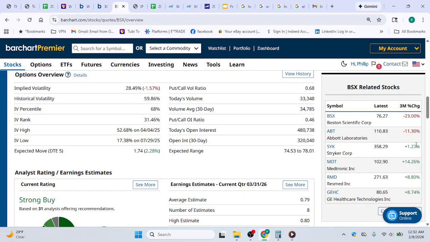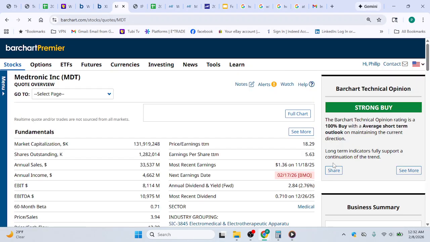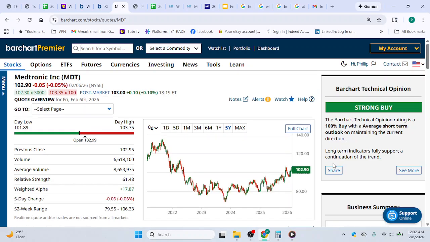So Stryker is up 1.27, and Medtronic is up 14. ResMed is up 8.8%. So in this case, maybe I would look at, let's just take a look at Medtronic. Let's take a look quickly at a chart of Medtronic as a possible opportunity, right? In the 5-year chart, it looks pretty good, right?